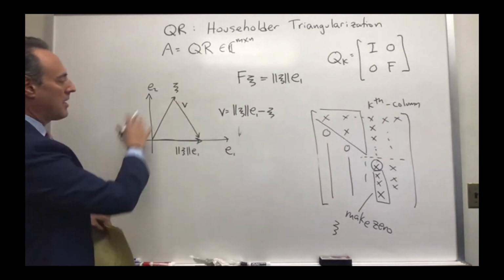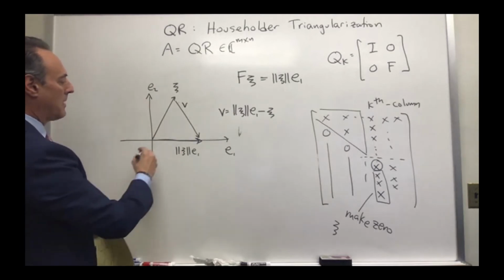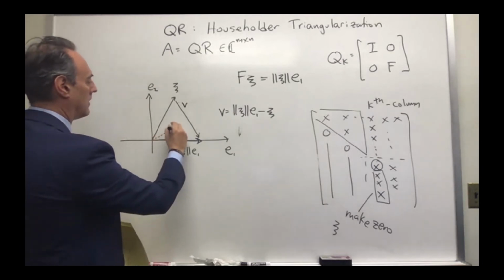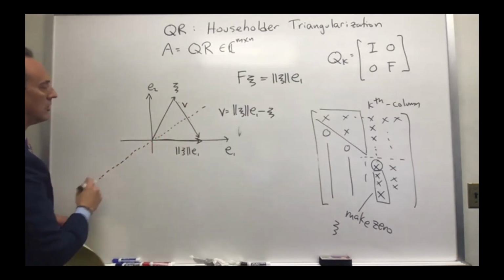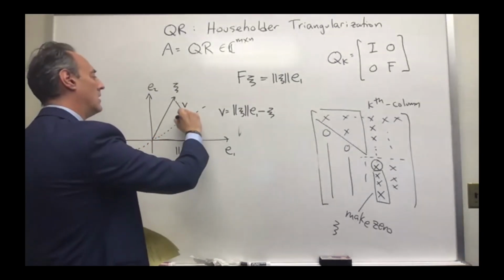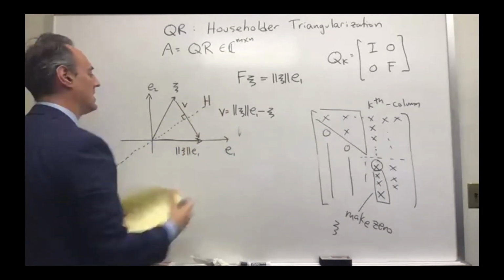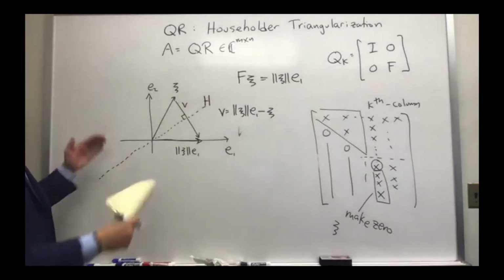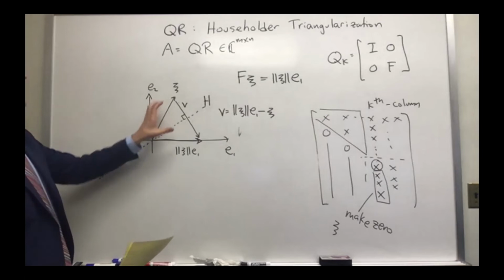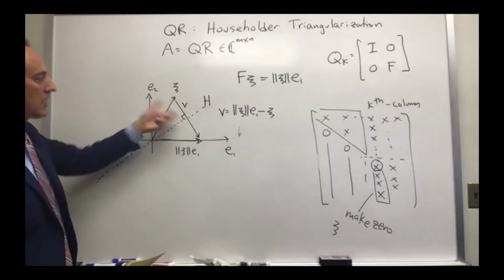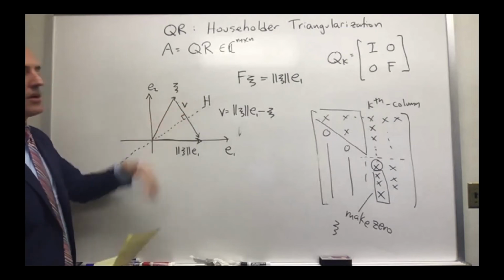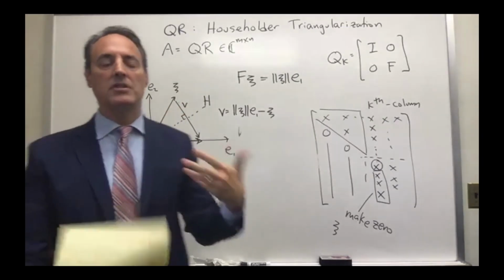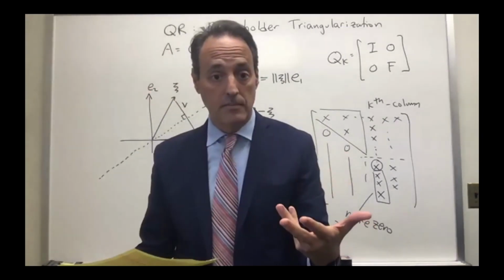Think about there being a hyperplane H that makes this projection V a space in which it allows this thing to be an orthogonal projector.